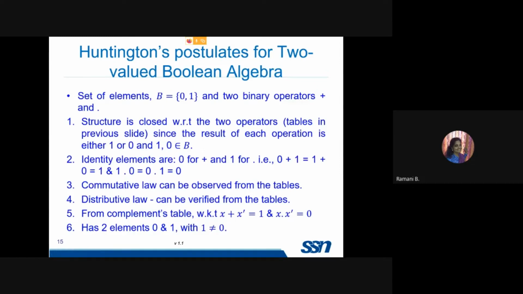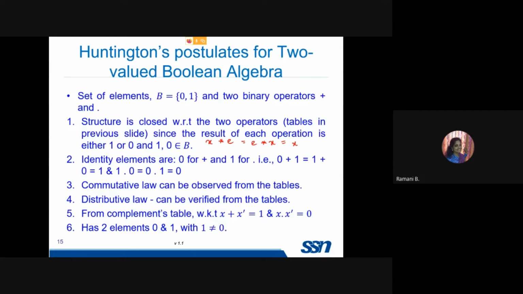Then the identity element. With identity element, what we saw was x star e equal to e star x, and the general thing is x star e equal to e star x equal to x. Whatever operation you perform with an element and the identity element, you should get that particular element as the output.